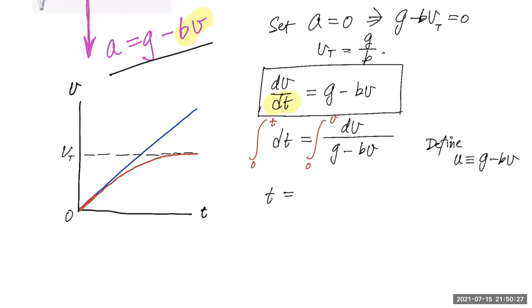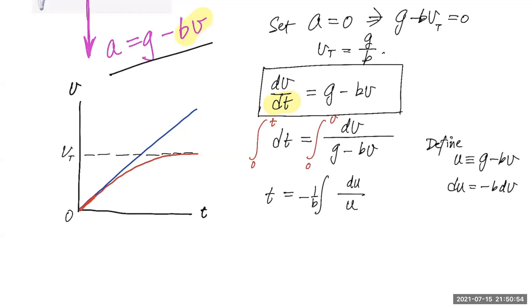Then the integrand is just 1 over u, and dv is related to du. du equals, if you differentiate, negative b dv. So dv equals du over negative b. So I can write the du here with a negative 1 over b, because after all, dv equals du over negative b.